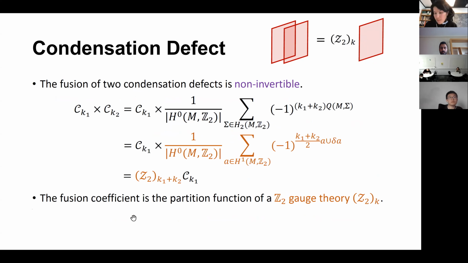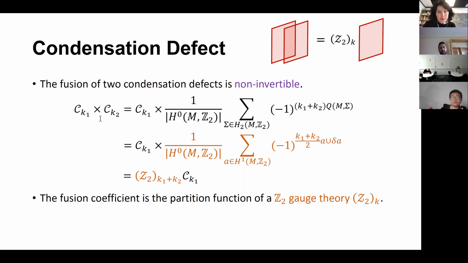Now using this, we can also talk about fusions between two condensation defects. And in fact, two condensation defects will fuse in a non-invertible way. So for example, we can talk about fusing CK1 with CK2. And the way it works is that we can just resolve CK2 into a sum over symmetry defects.